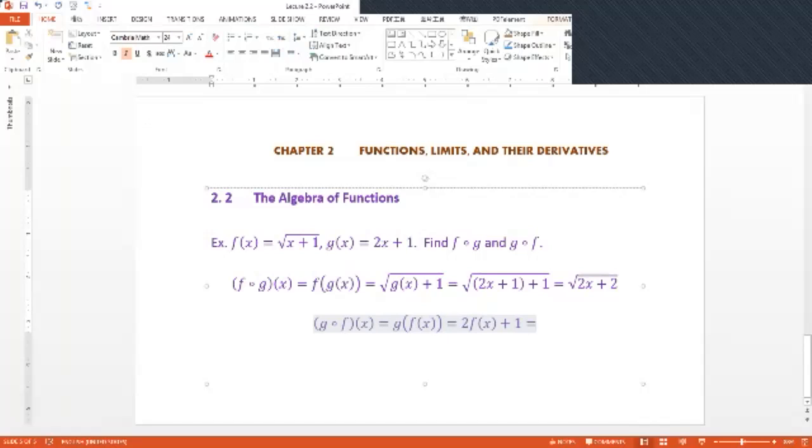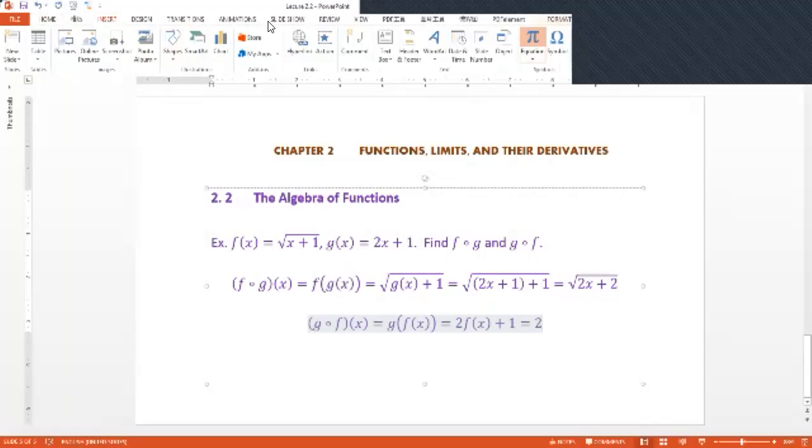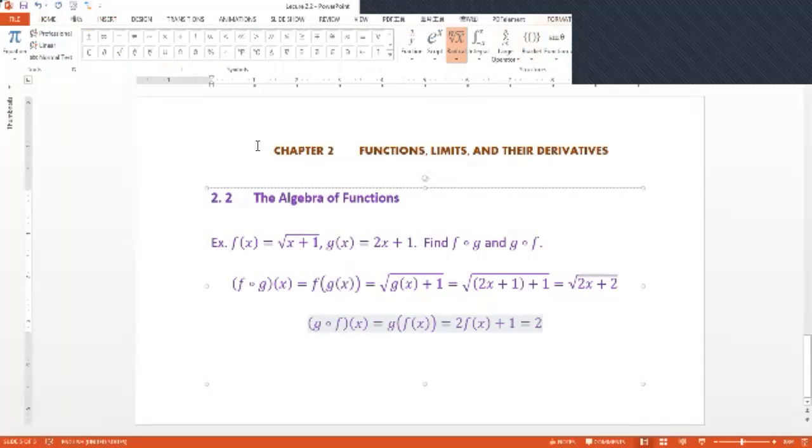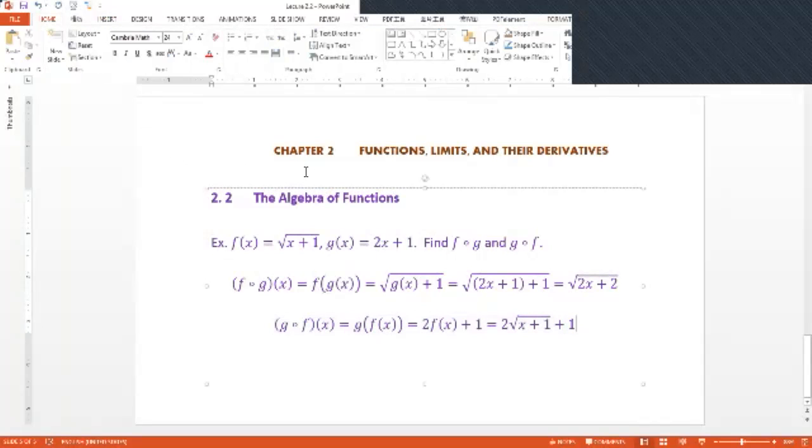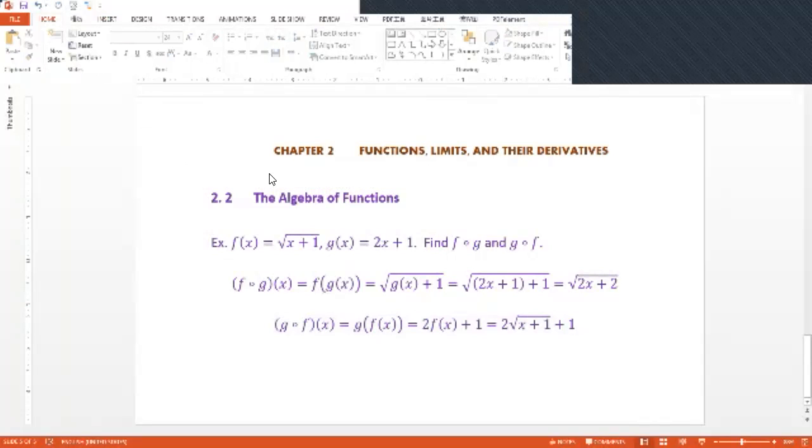So the whole thing just becomes 2 times square root of x plus 1, plus 1. So that's the answer.